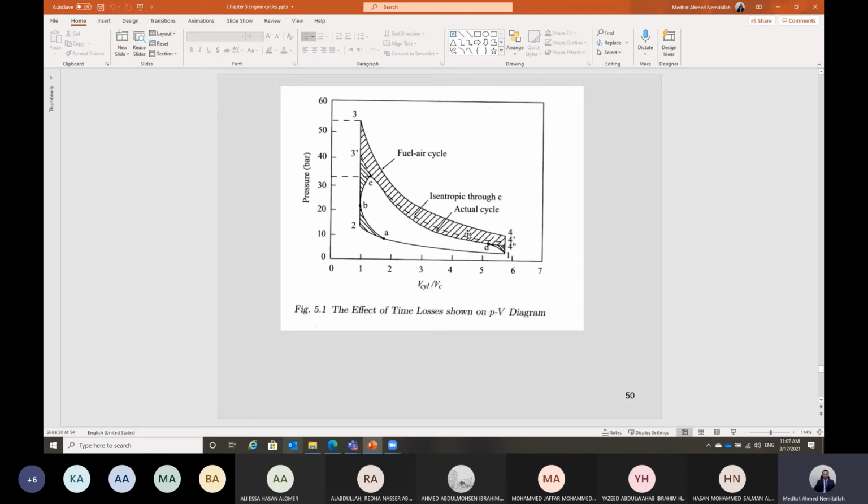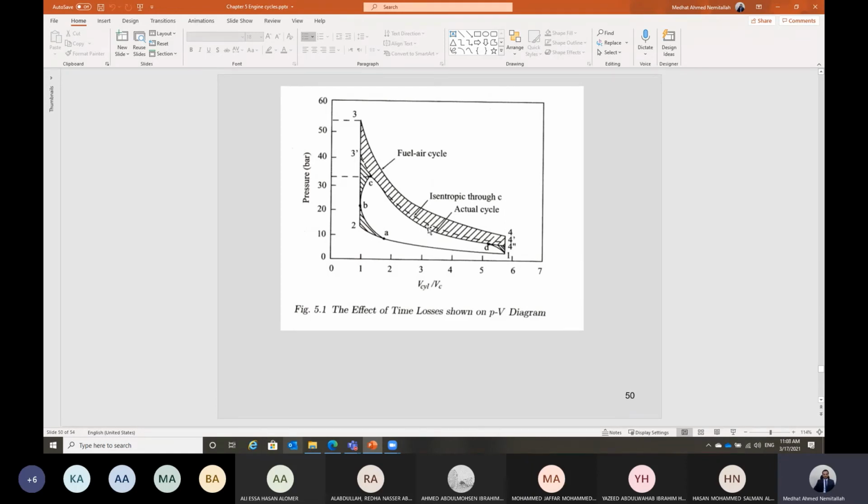If the specific heat is constant, it should be almost isentropic. But the specific heat for the actual cycle is not constant, because the specific heat is a function of temperature. Even for the ideal gas, it is only a function of temperature, and the temperature during the expansion stroke is changing. That means the specific heat will be changing in this case.